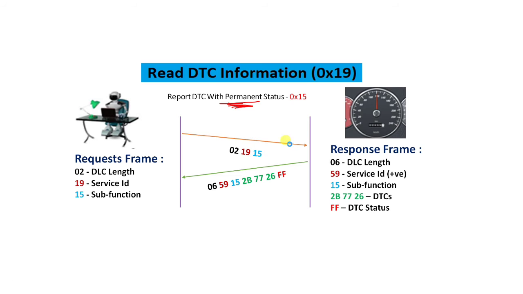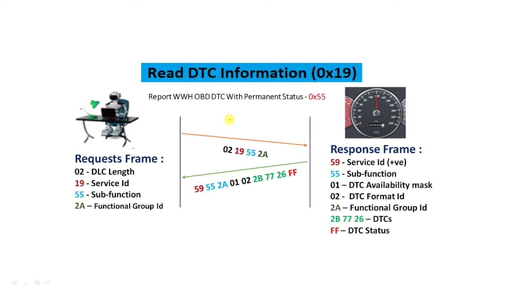All right. And here, report the OBD DTC with permanent status again. So here we have the OBD, the onboard diagnostics, right? In the onboard diagnostics, the permanent status deals exactly with the OBD protocol.